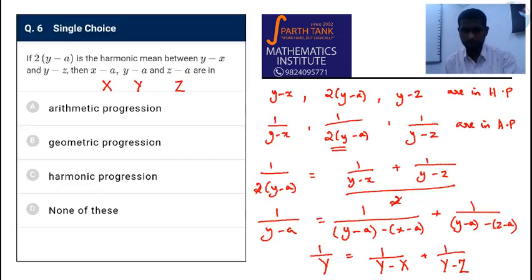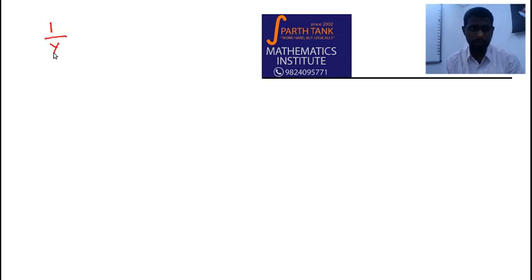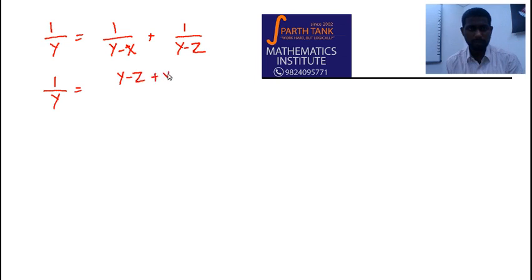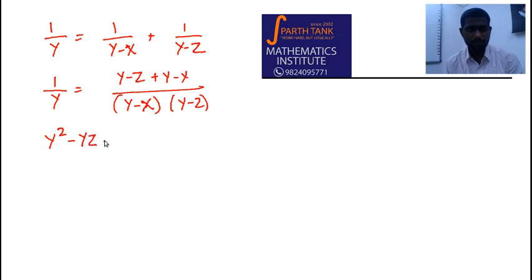Normal algebra from here. So I have, let me write it again, 1 by Y is 1 by Y minus X plus 1 by Y minus Z. So this LCM on the right hand side becomes Y minus Z plus Y minus X by Y minus X into Y minus Z. So cross multiplication, Y squared minus YZ minus XY plus XZ becomes equal to, here if you see there is again Y squared minus YZ plus Y squared minus XY.